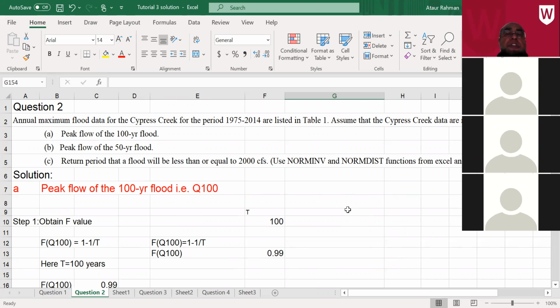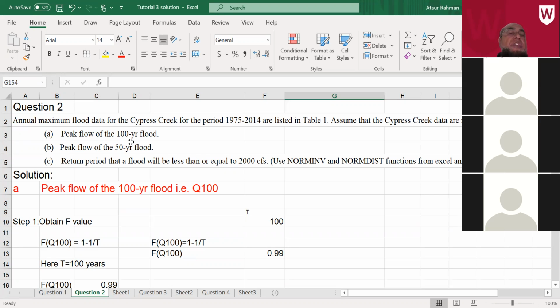we'll be using a normal distribution. So annual maximum flood data for the Cypress Creek for the period 1975 to 2014 are listed in table 1 in your tutorial problem. Assume that the Cypress Creek data are normally distributed.